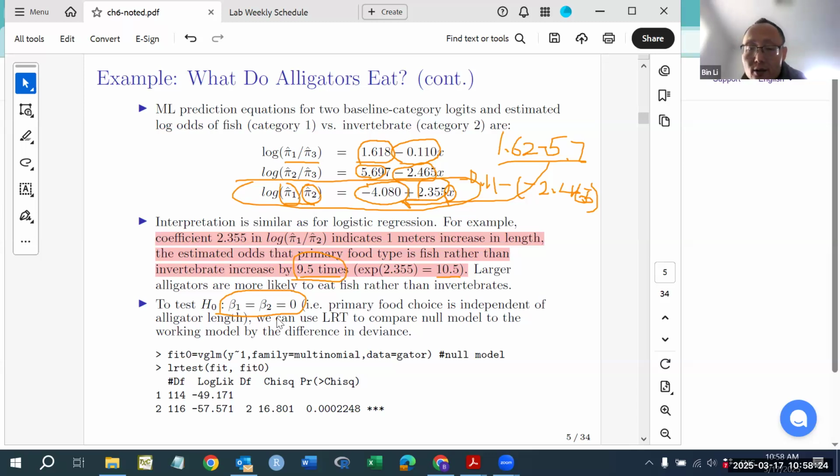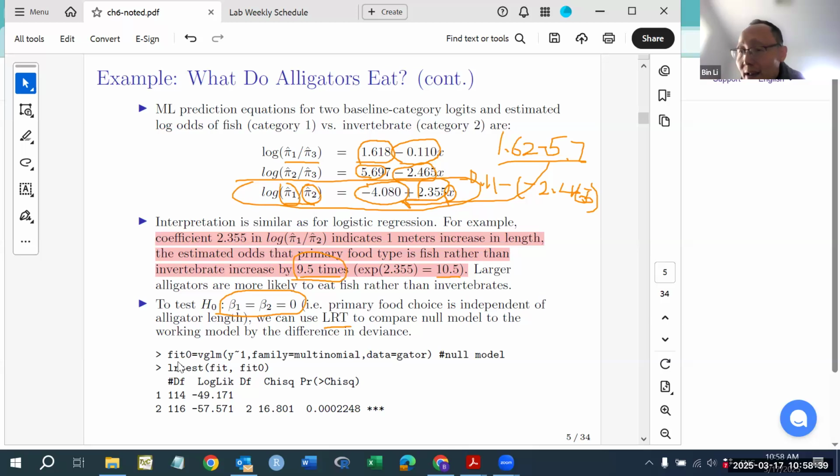Is that right? So to do this test, we are essentially testing if the primary food choice is independent of the alligator size. Okay? And we can do it as a likelihood ratio test, right?